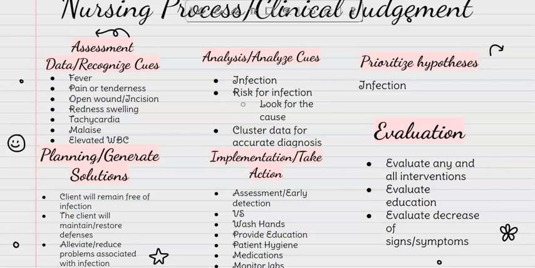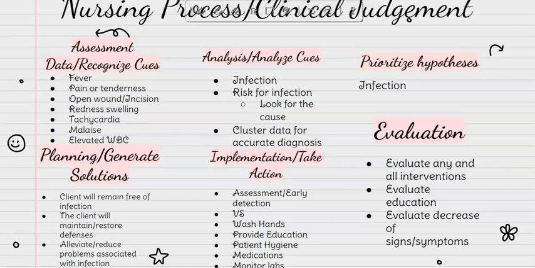All right, so let's take a look here. This is our nursing process, clinical judgment for infection. So some assessment data or recognizing cues that you might see are fever, pain, tenderness, open wounds or incision, redness, swelling, tachycardia, malaise, and elevated white blood count.